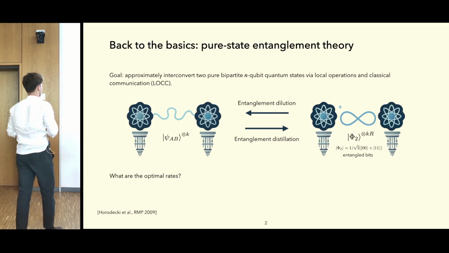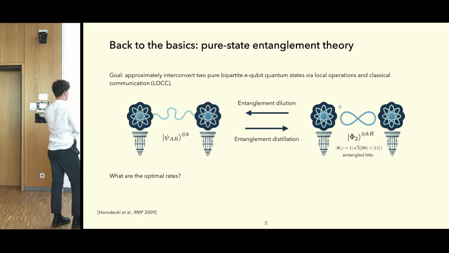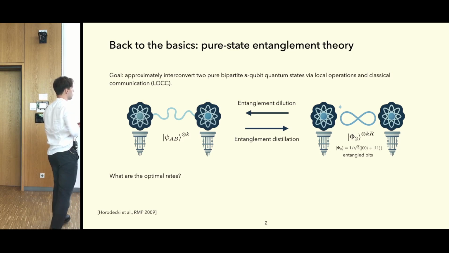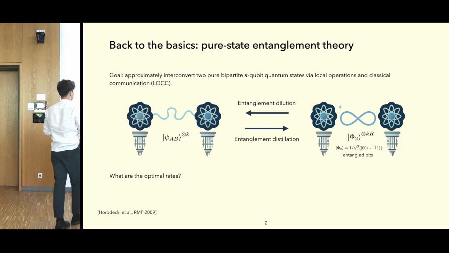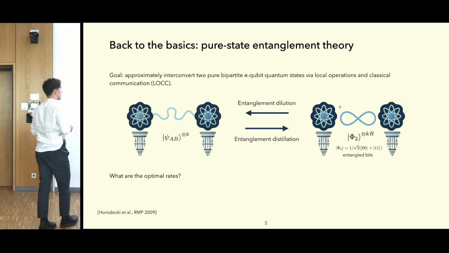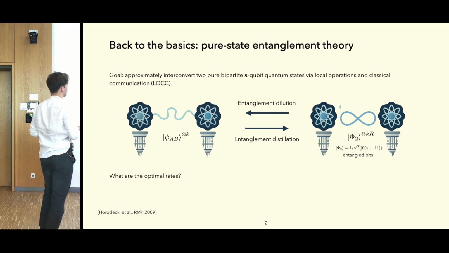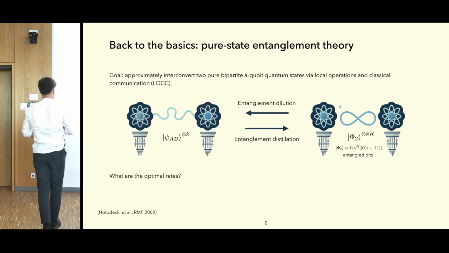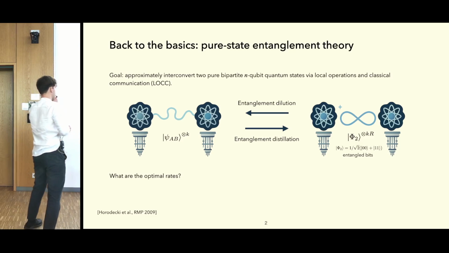Therefore, it makes sense to ask, if the two parties share some arbitrary pure state and wish to convert it into this purified form of entanglement, what is the optimal way they can do it? This is the task of entanglement distillation. But we can also ask the converse task: if they start from E-bits, what is the minimum amount of E-bits they need to consume to synthesize some target state?